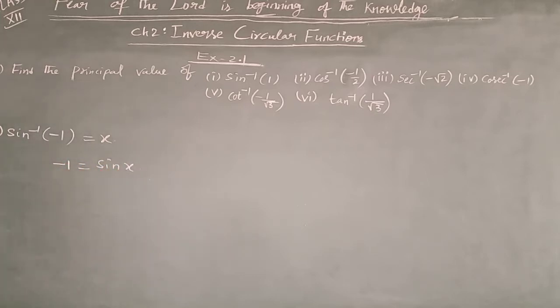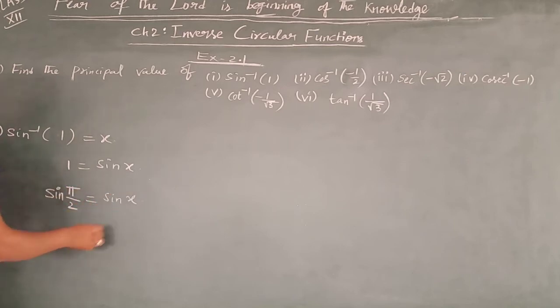When will the sine value be 1? Sine 90 degrees is nothing but 1. So we can write sine pi upon 2, which means 90 degrees. So now we have sine x, and we compare corresponding elements.